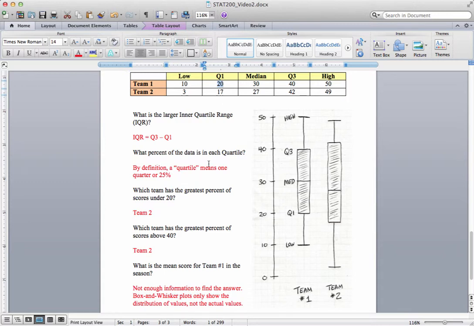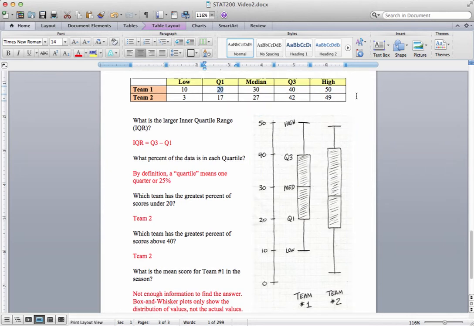So what is the percent of data in each quartile? By definition, a quartile means 25%. So let's go back and look at this plot again. 25% of my data occurs here between the low and the Q1. 25% of my data occurs here. 25% here and 25% here.